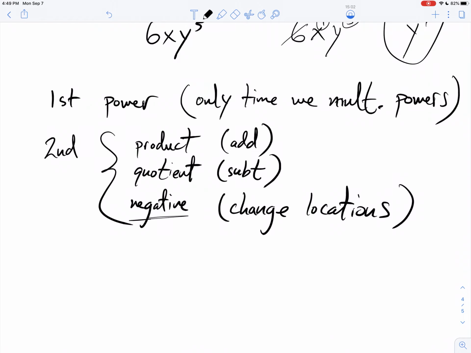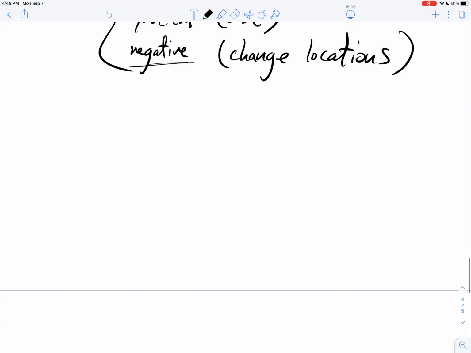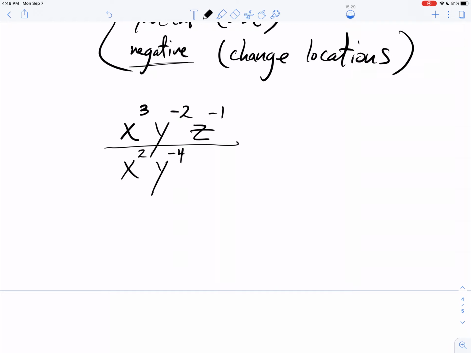Well, let's talk about the negative rule since we haven't done that one yet. Well, it's pretty simple. Let's do something like this. I'm going to do x to the third, y to the negative 2, z to the negative 1 over x to the second, y to the negative 4, and z to the fifth.